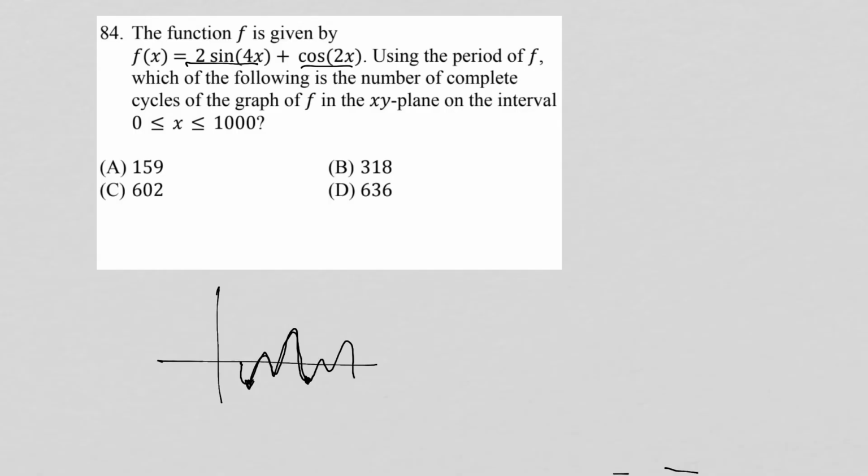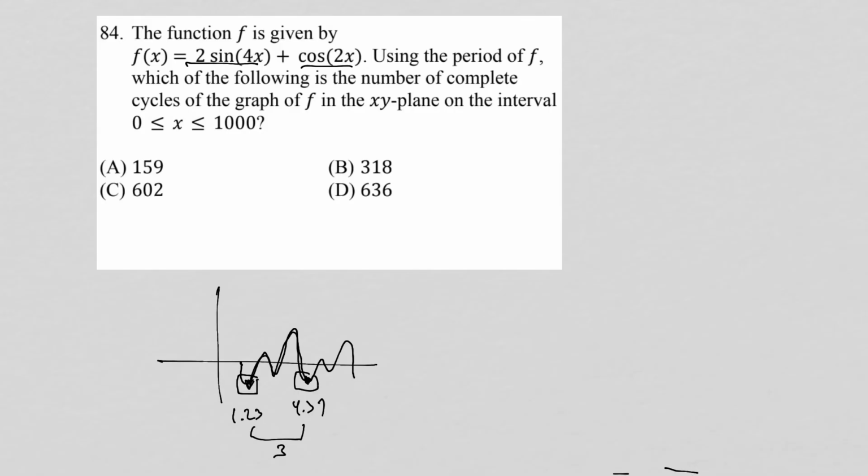So what I think I would do is I would try to find the x-coordinate of 2 of these minimums, and that would tell me what the period was. So I'm going to zoom in on one of these and just see what the x-coordinate is. So it ends up being about 1.23 and 4.37.